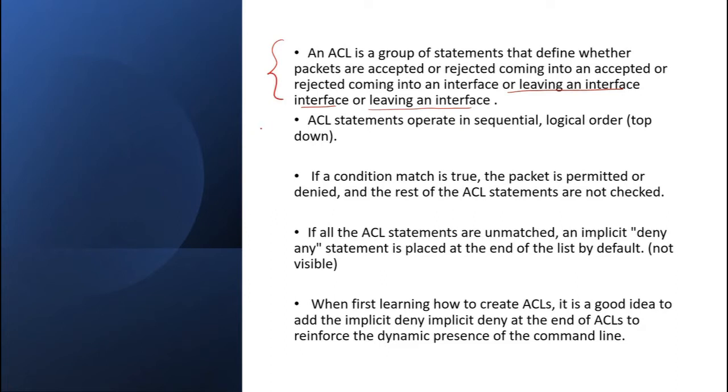So next, ACL statements operate in sequential logical order, top to down. It is a very important thing. Why is it so important? Let's suppose you have given one rule for 192.168.1.1, and for port number 80, please allow, which we see as a permit, right?